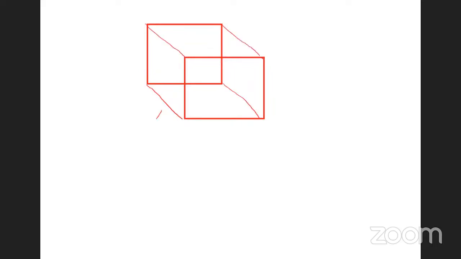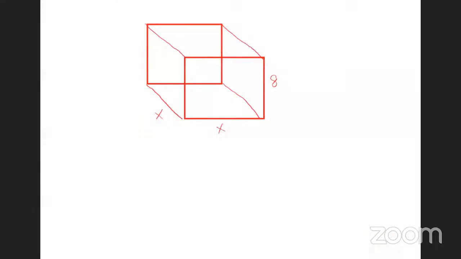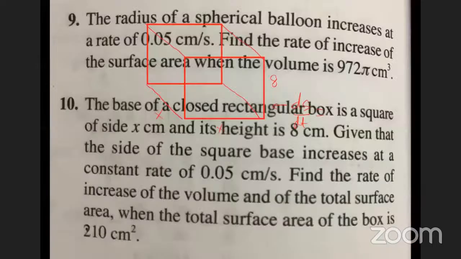Right? So the bottom is x by x, right? And the height is how much? 8. Given that the side of the square base increases at a rate, so the bottom here, dx/dt is 0.05.